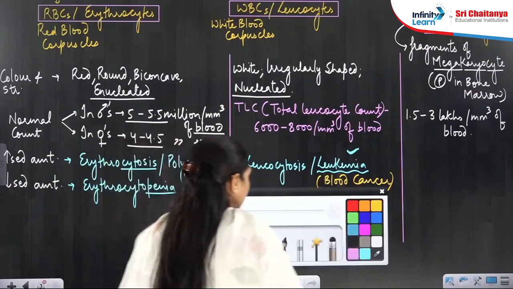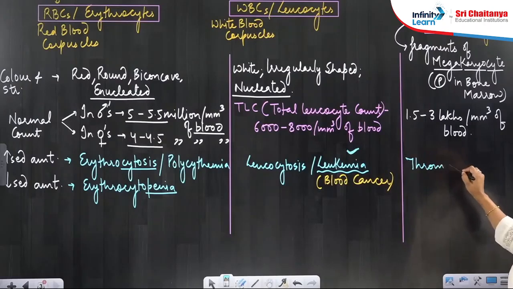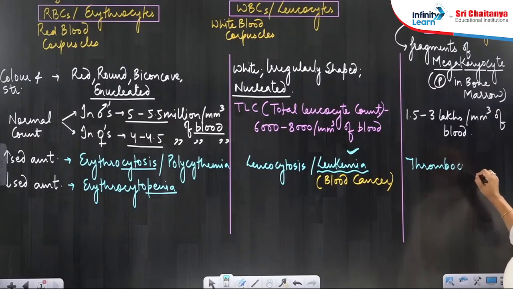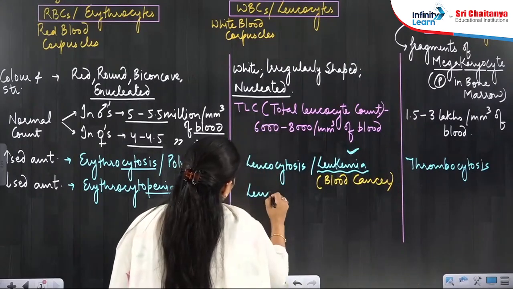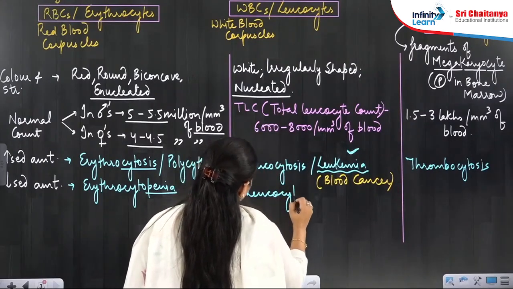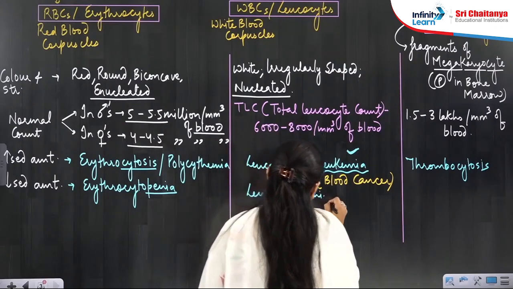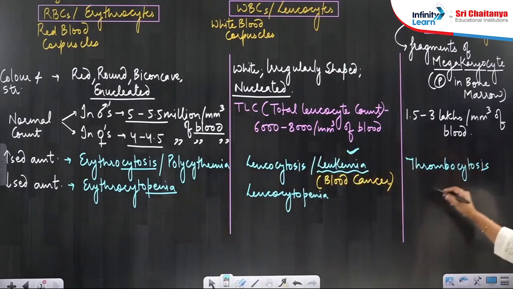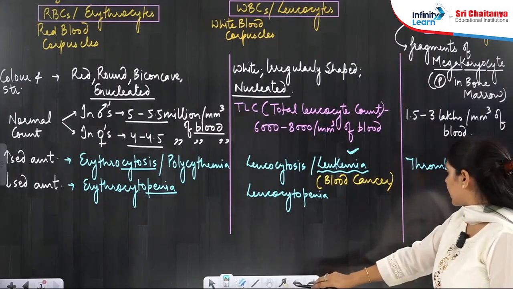Then thrombocytosis, an increased amount of platelets. A decreased amount of WBC is leukocytopenia or simply leukopenia, and a decreased amount of platelets is thrombocytopenia.